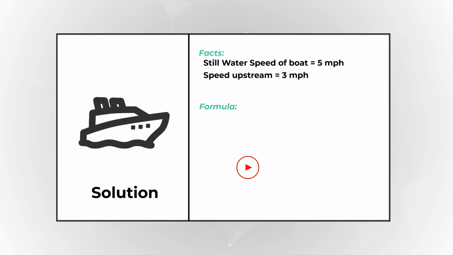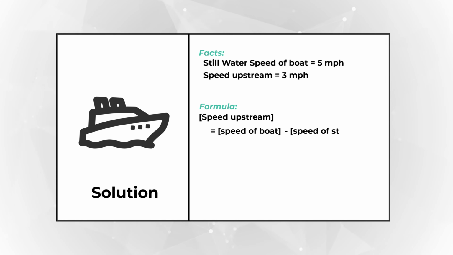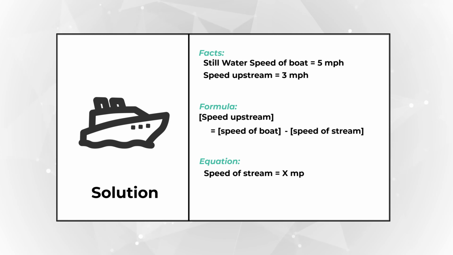The main formula to do the calculations is that the speed upstream equals the speed of the boat minus the speed of the stream. So we can build the equation. In this equation, x would be the speed of the stream, and our equation will be 3 equals 5 minus x. Based on the calculations, x would equal 5 minus 3, which is 2 miles per hour.